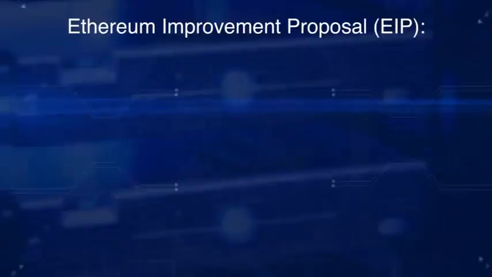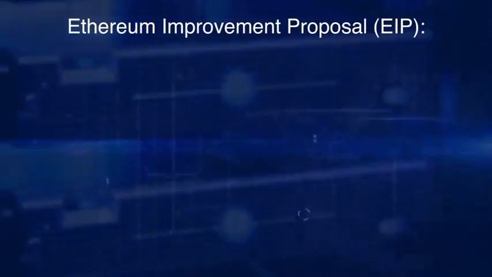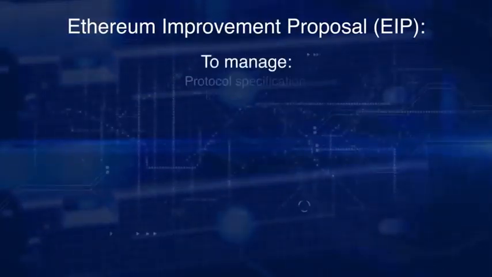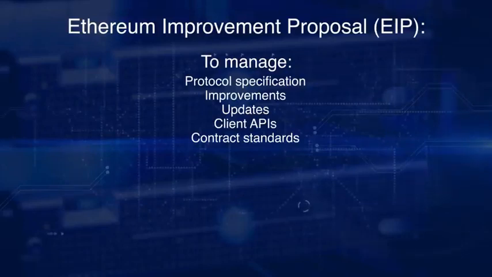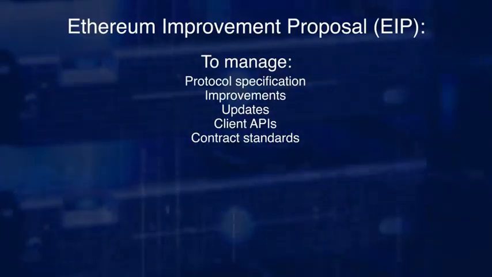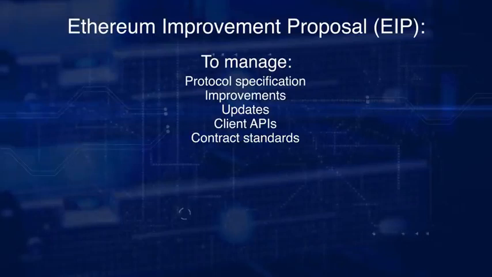Let's see how standards are implemented in Ethereum. EIP is an approach to process improvement in Ethereum ecosystem. EIP, or Ethereum Improvement Proposal, is a means to manage the protocol specification, improvements, updates, client APIs, and contract standards.